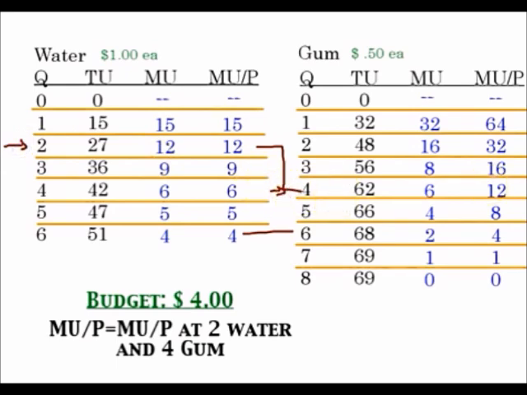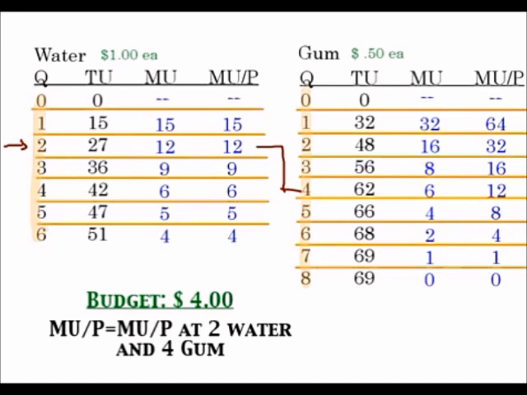Okay, couple things to keep in mind. First of all, remember we're maximizing utility. What that's going to mean for us is if we take a look at every possible combination affordable by our budget, and we add the total utility of all of those combinations, we're going to find the highest total utility at the 2-4 combination that we have calculated.